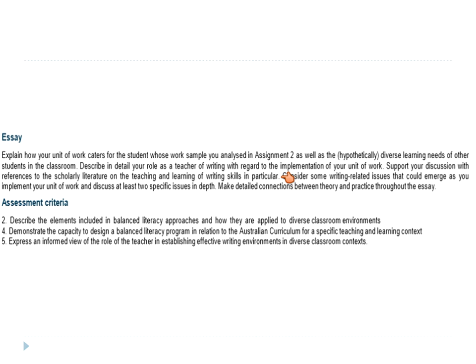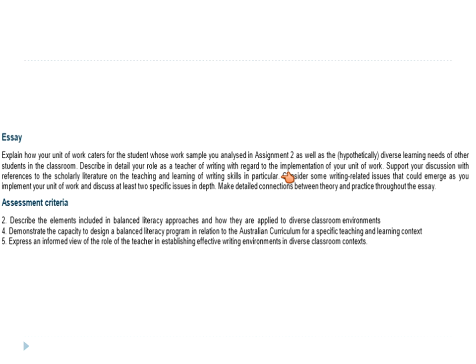It might not be obvious, so you might say, I'm scaffolding this writing task because in week 3, where it says X, Y, and Z, this is where I model, guide, these are the groups I develop, and this is why, and then you reference it to the scholarly literature. This is just an example of what I mean.